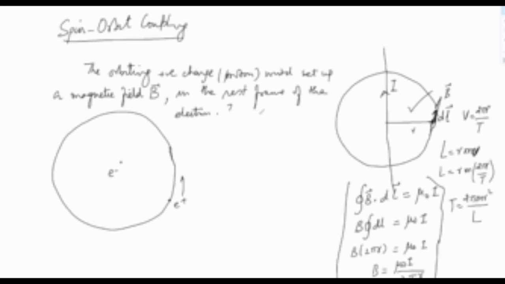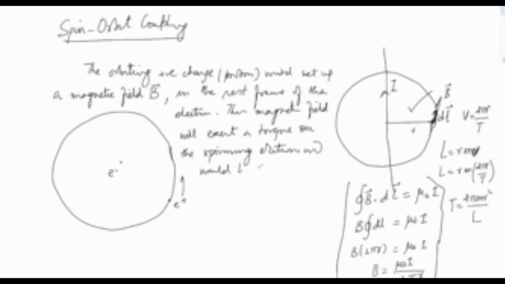This magnetic field will exert a torque on the spinning electron and would try to align its magnetic moment, say mu, along the direction of the magnetic field.